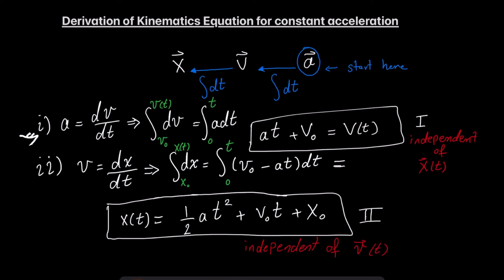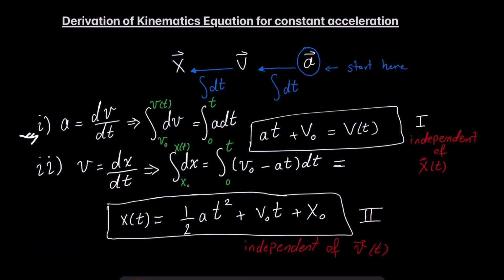Each of the equations we're going to be deriving is going to be independent of one of the kinematic variables, x, v, or t, and we're going to look at exactly how that happens.